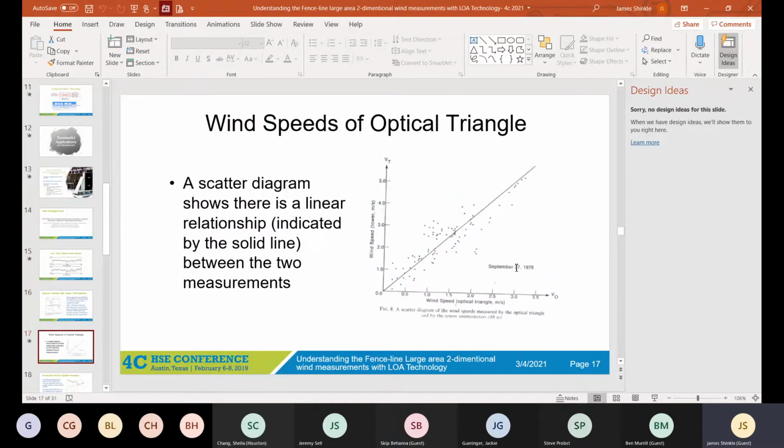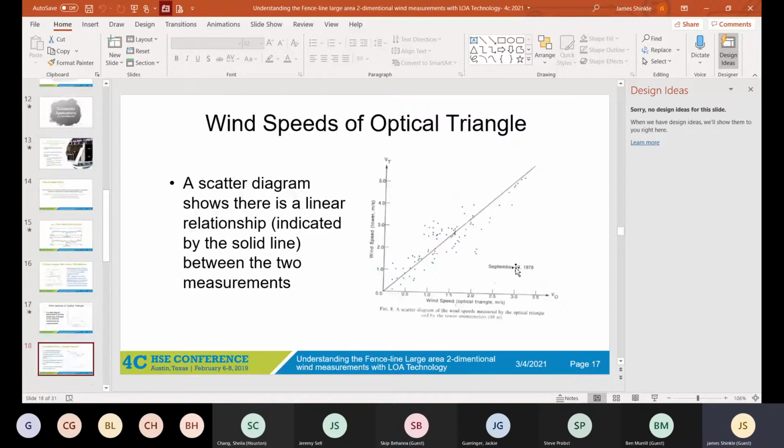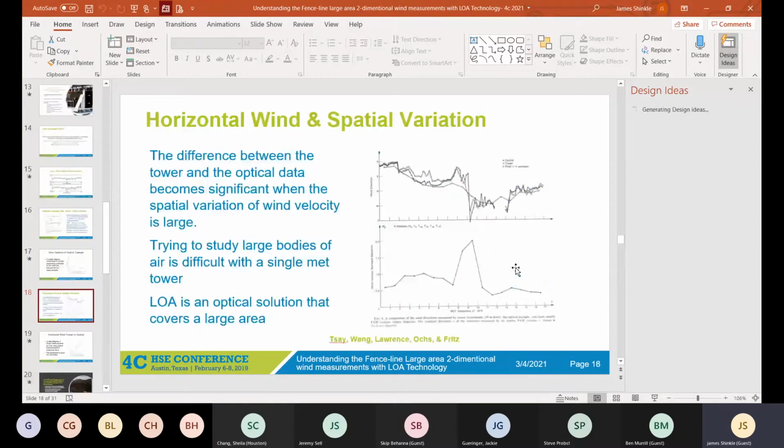What we found was that this scatter diagram showed a linear relationship, indicated by the solid line, between the 2 measurements of wind speeds and the optical triangle. So we could see there was a linear relationship with our measurements around this Met tower station. Where it got really interesting is when you look at the horizontal wind and the spatial variation.